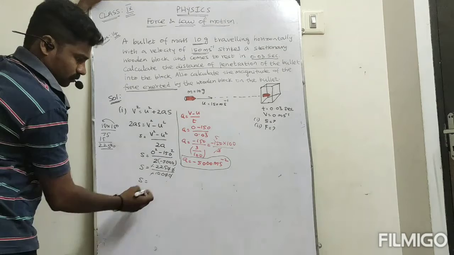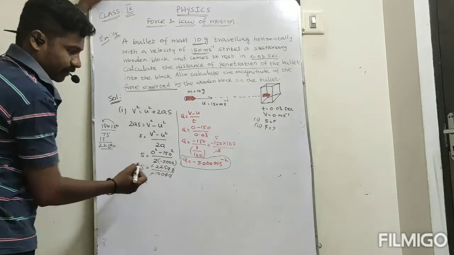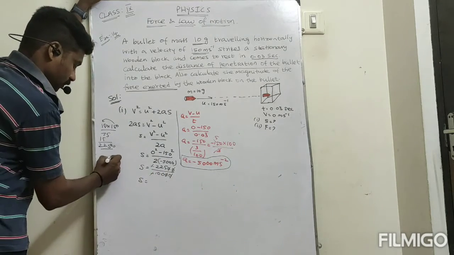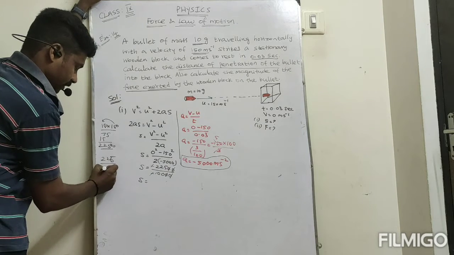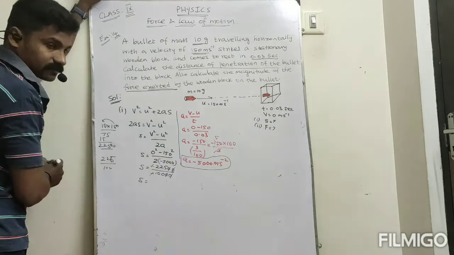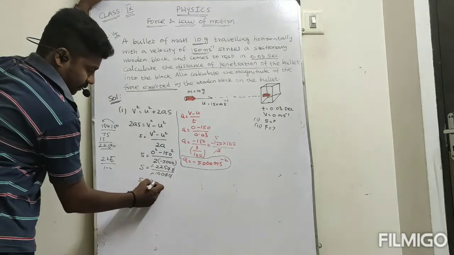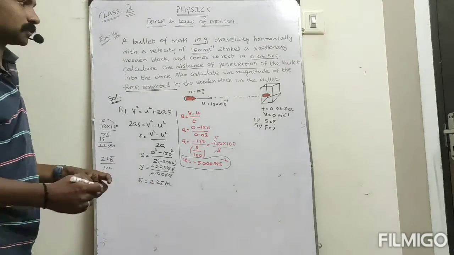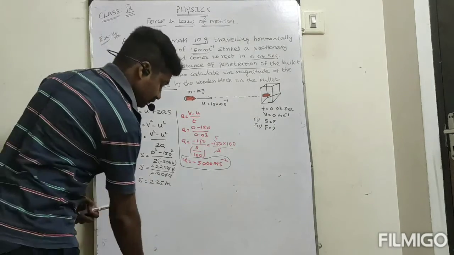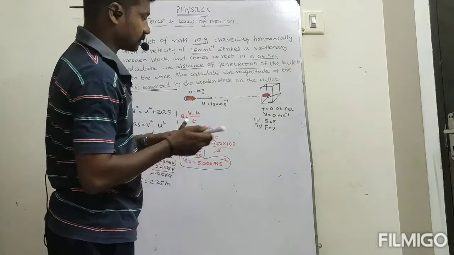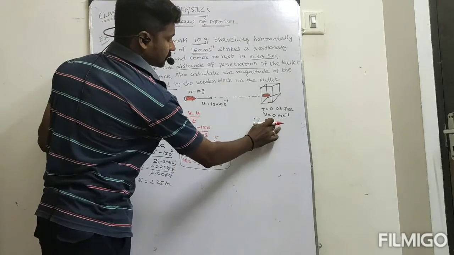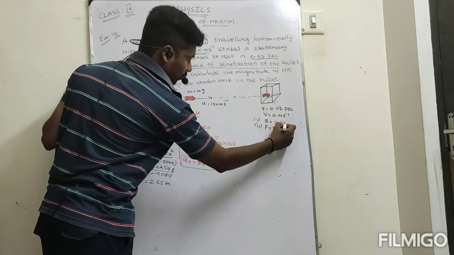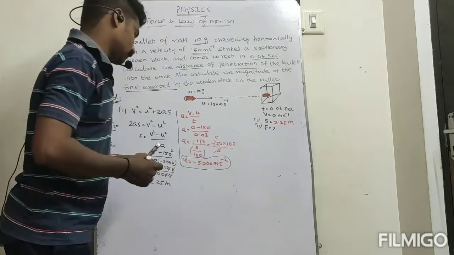So S is equal to 225 divided by 100, which is 2.25 meter. So the penetrating distance inside the block is 2.25 meter.